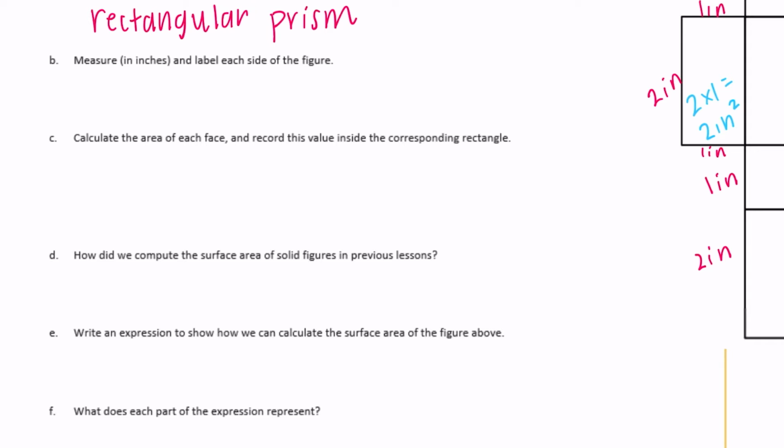Okay, so we calculated the area and recorded the value inside the corresponding rectangle. How did we compute the surface area of solid figures in previous lessons? So how do we find the surface area in previous lessons?